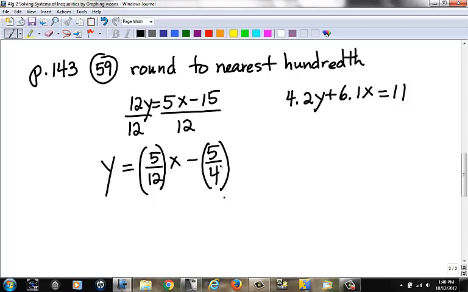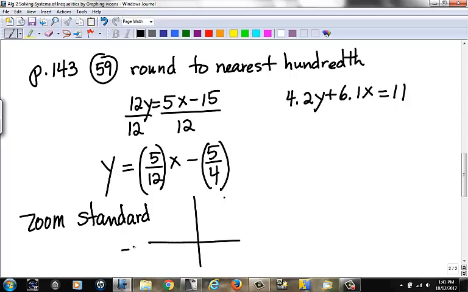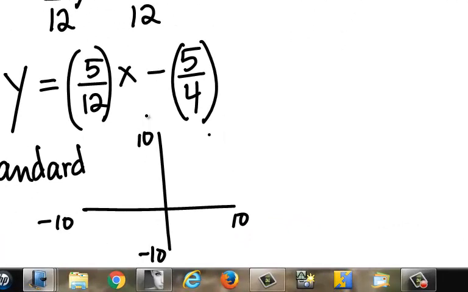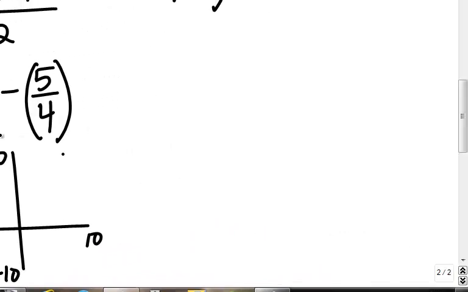Okay. And for what we're going to do right now, for the window I'm just going to choose zoom standard to start, and that's zoom standard is on the graph paper. It's -10 to 10 and -10 to 10. That's your standard viewing window.